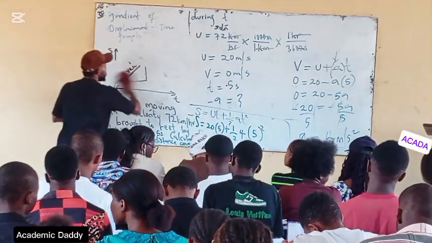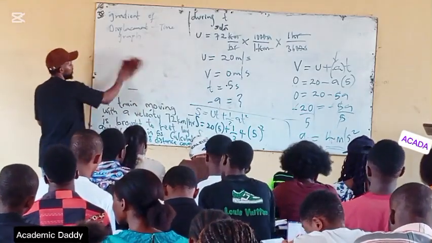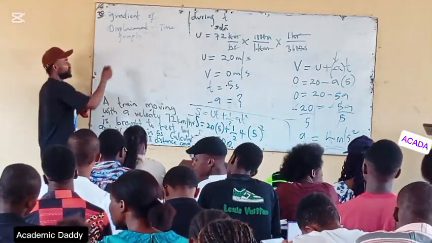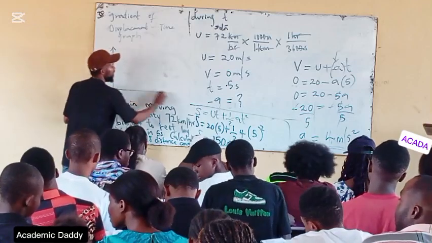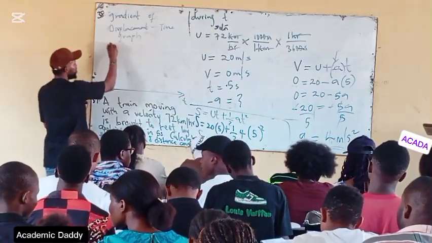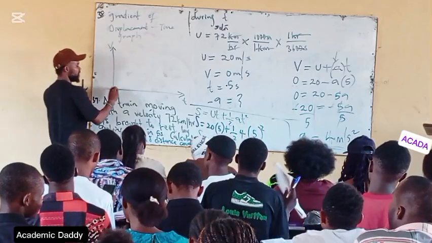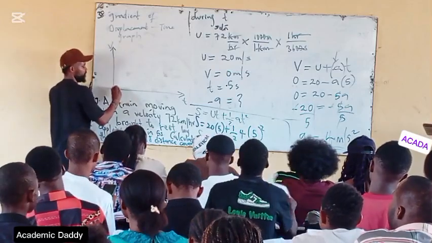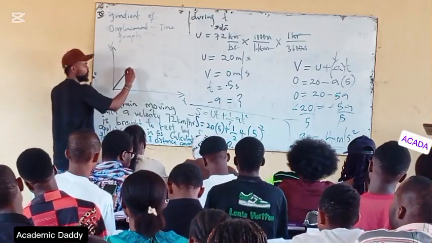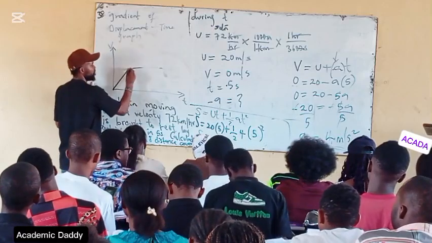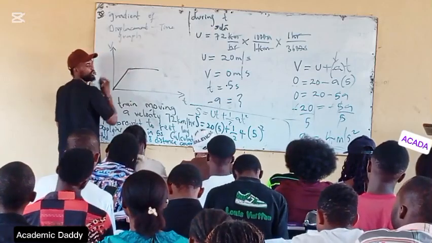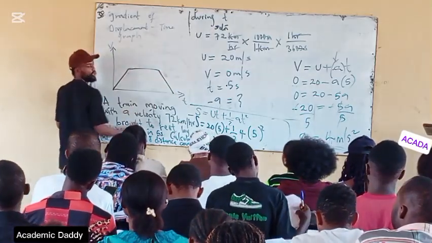If I have this axis to be velocity, V, and this side to be time, please pay attention so you see something. For acceleration, it moves this way. Constant speed this way. Then retardation this way.